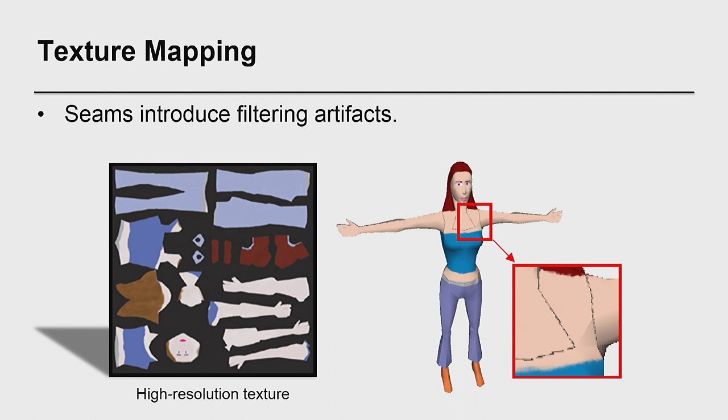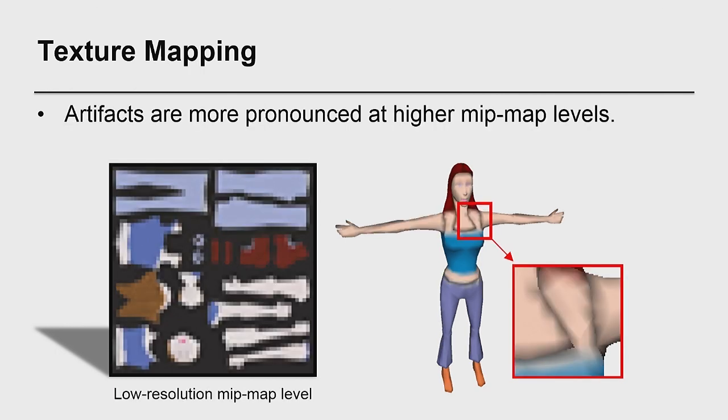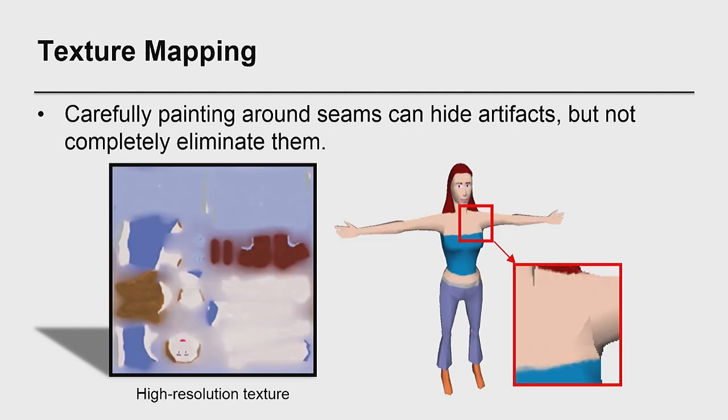These seams would introduce seam artifacts by linear filtering. You can hide them, maybe, but you see those black lines on this character. When you go to MIPMAP levels, they're going to be a little more prominent. If you were to hide them, you'll need to paint around the seams so that you don't see this black background, but you see a color that is closer to what it should be.